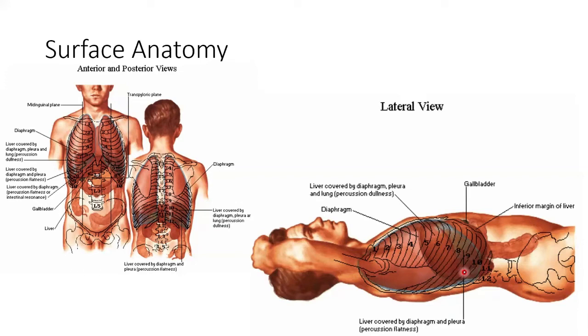Also, you don't go beyond 6 centimeters, to avoid damage to the inferior vena cava. You won't get that from the surface anatomy, but by this you have to understand that you have to take liver biopsies below the 8th rib.